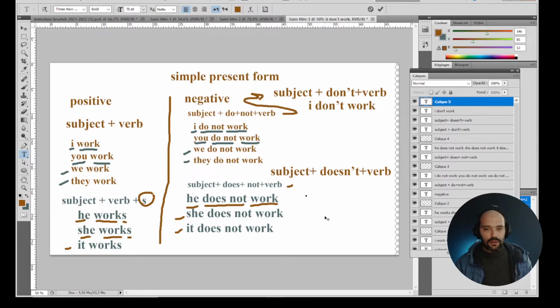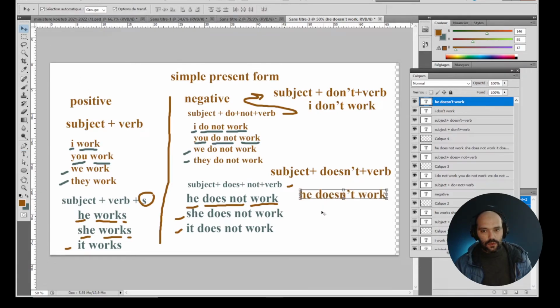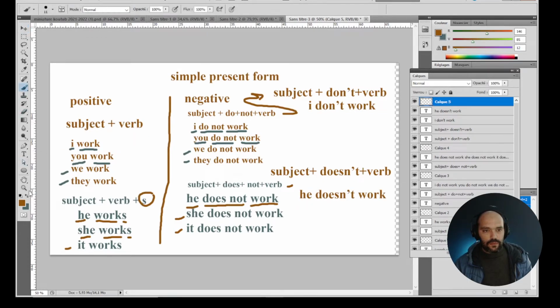Here he doesn't work. He is the subject, doesn't is the short form of does not, plus the verb is work.